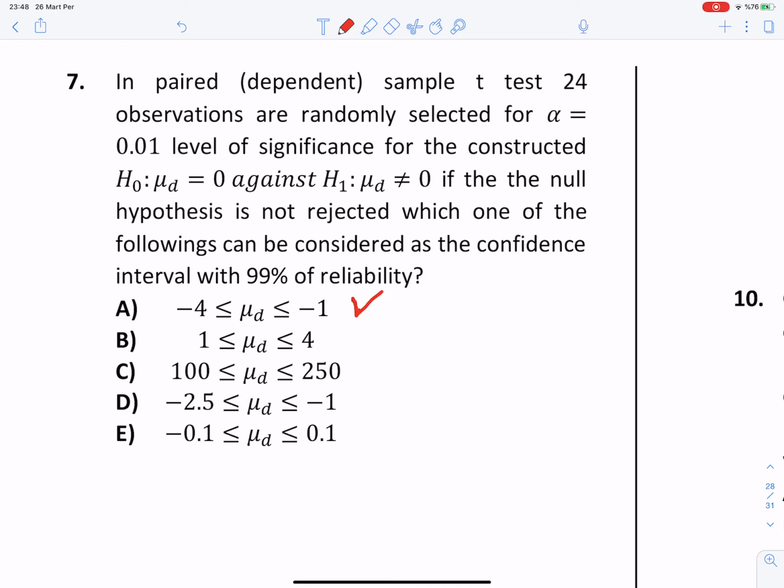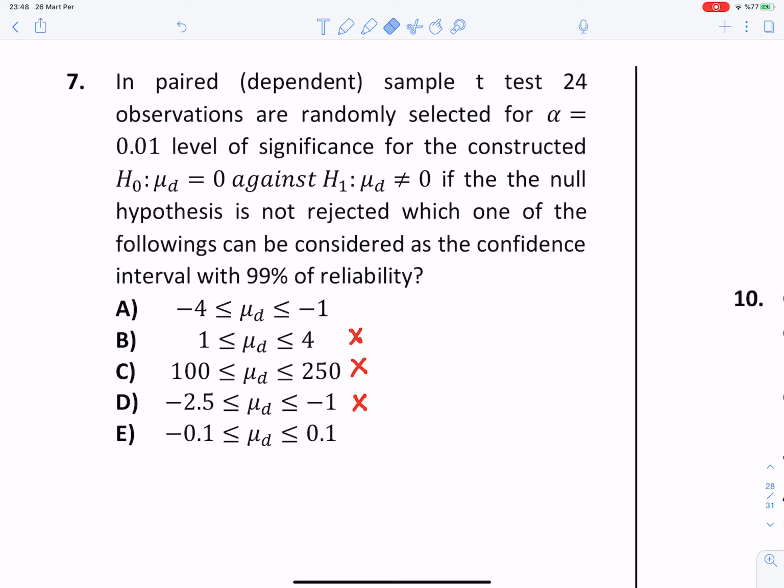Okay, let's see this one. The zero value is not included in here. The zero value is not included in option C. The zero value is not included in option D. And the zero value is also included. Made a mistake here, sorry about that.